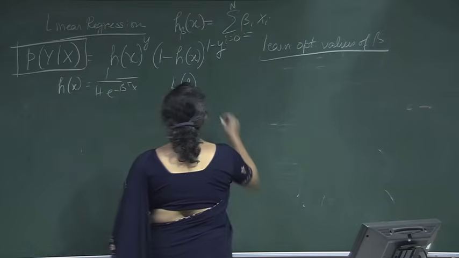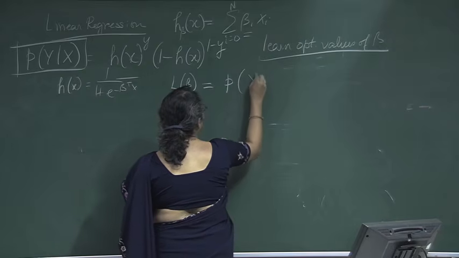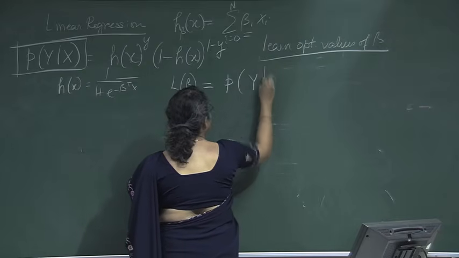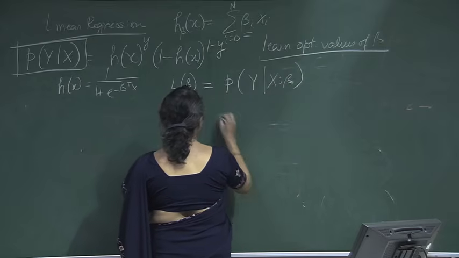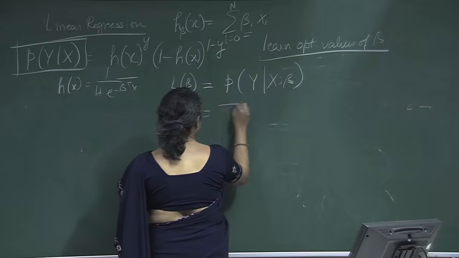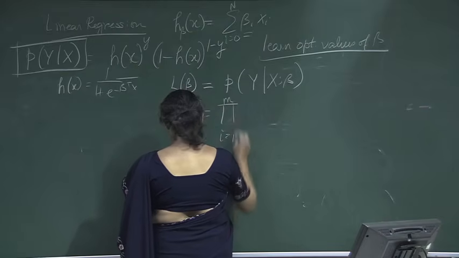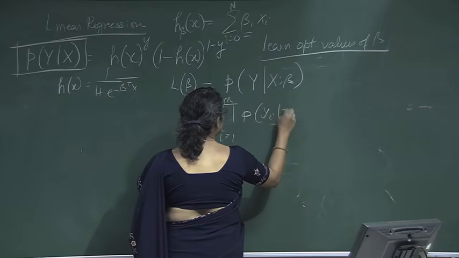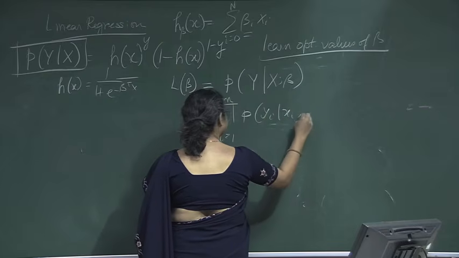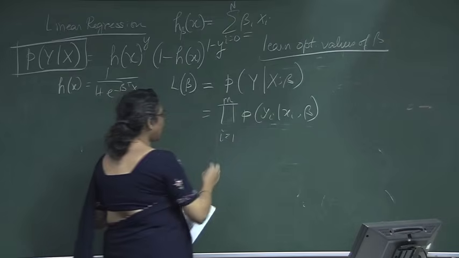So, the likelihood of beta can be written as the probability of y given x, parameterized by beta, and because we have m training examples, this is the product, for each training example, of the probability of y_i given x_i and beta.